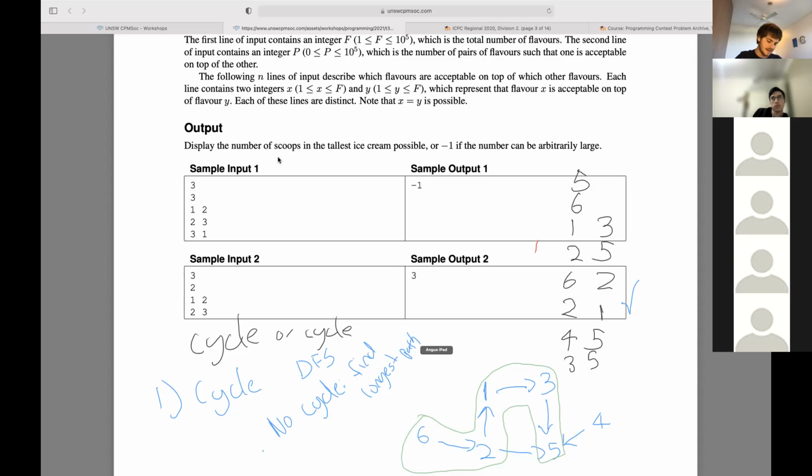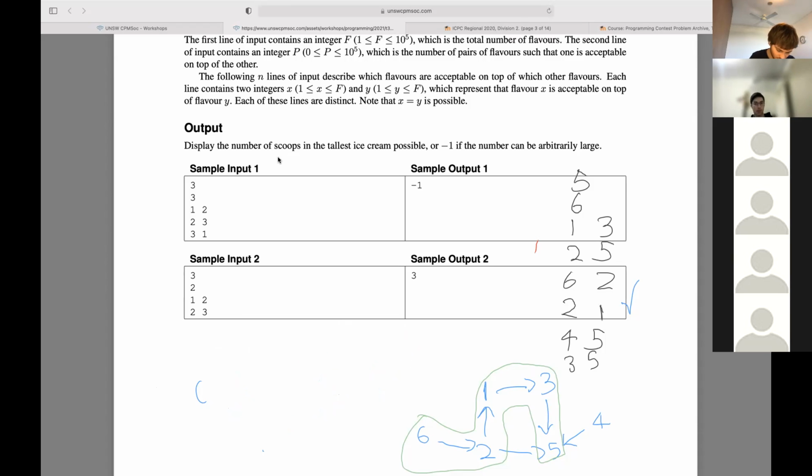Now, if there is no cycle, what structure do we have? I can just give you the name. It's called a directed acyclic graph, or DAG, sometimes abbreviated as. So if there's no cycle, we have a directed acyclic graph. Directed means every edge has direction, so the edges are one-way edges, which they are.